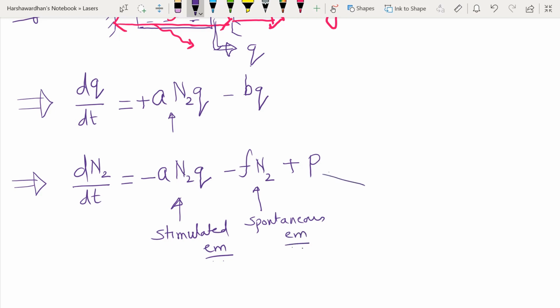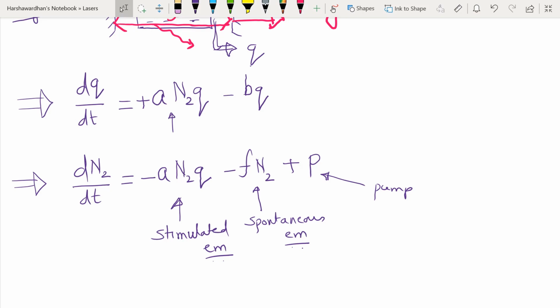And the third term is basically the pumping term that puts the atoms in the excited state. Carefully look at the signs that govern the increase or decrease of these various terms.